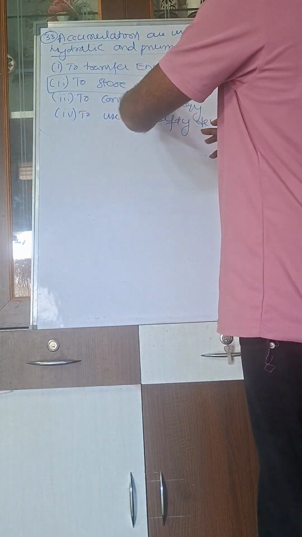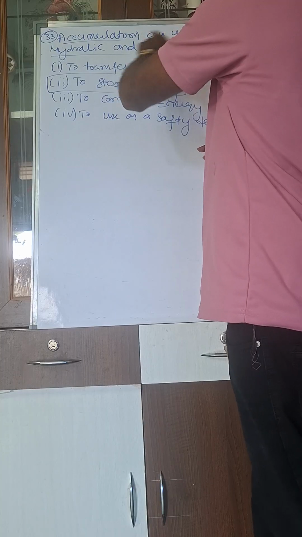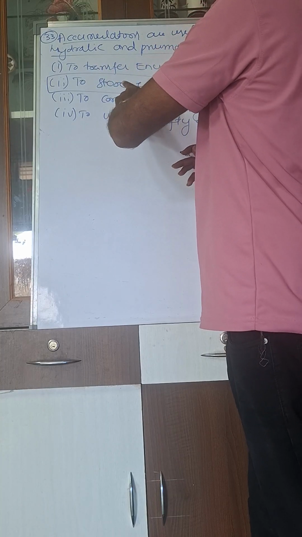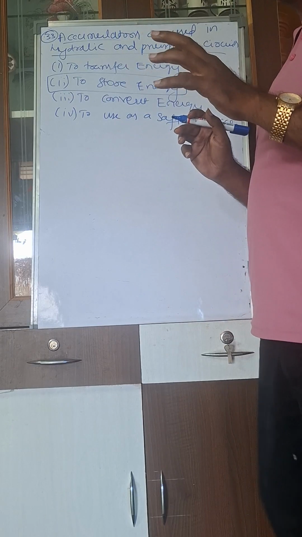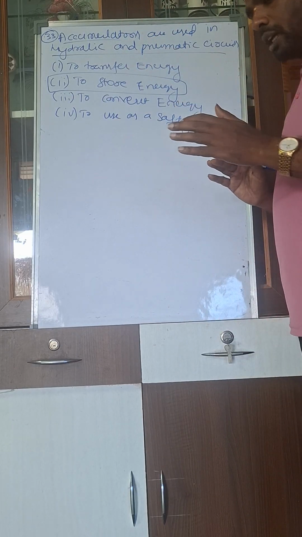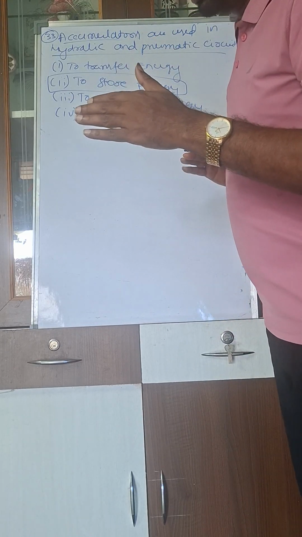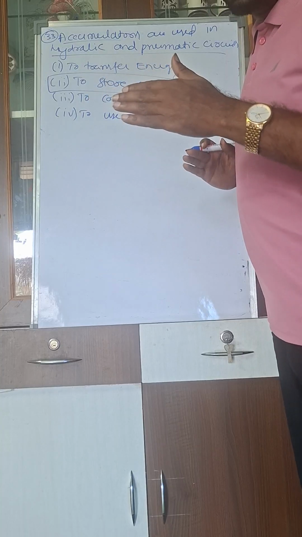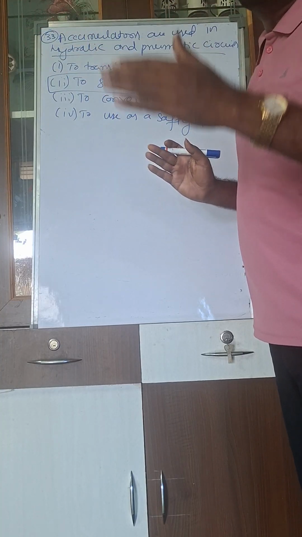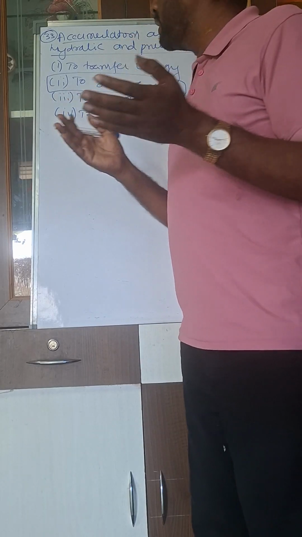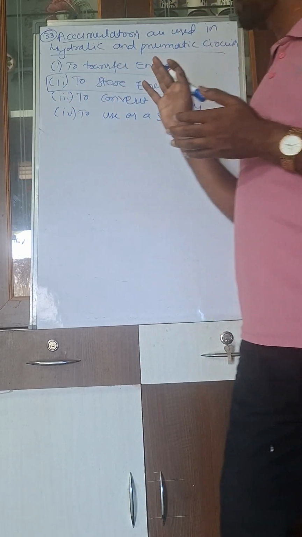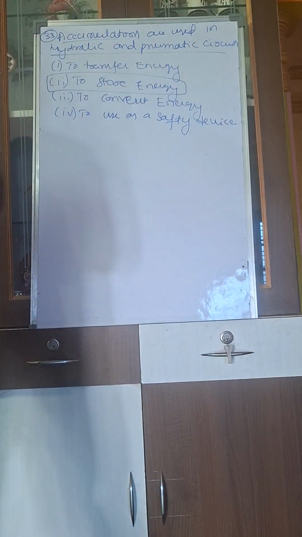That is the purpose of accumulators in hydraulic and pneumatic circuits, to store the energy. When your motor is started, the blower starts and air moves, then the blower can start moving.